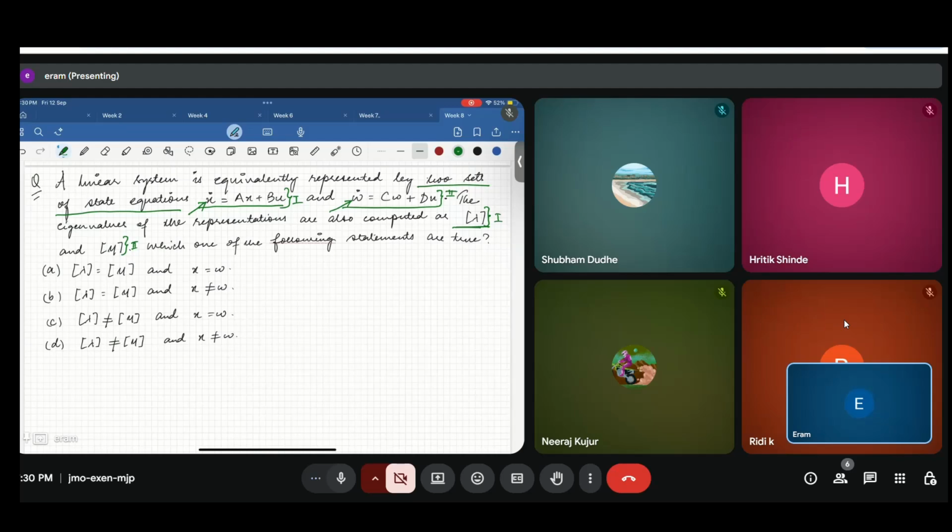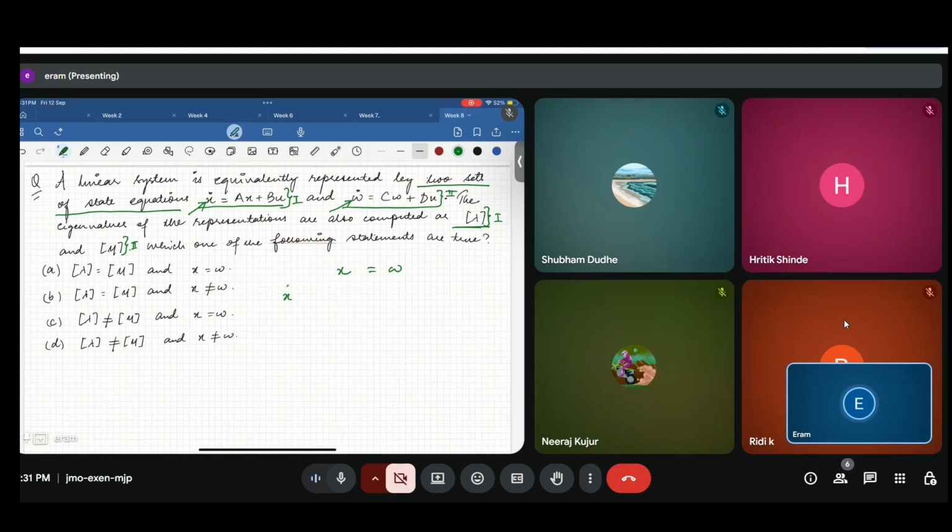And the second option is saying that the set of eigenvalues will be the same if the set of state variables are different. Is it possible? If we have fixed the state variables, let's suppose, then which matrix will remain the same?